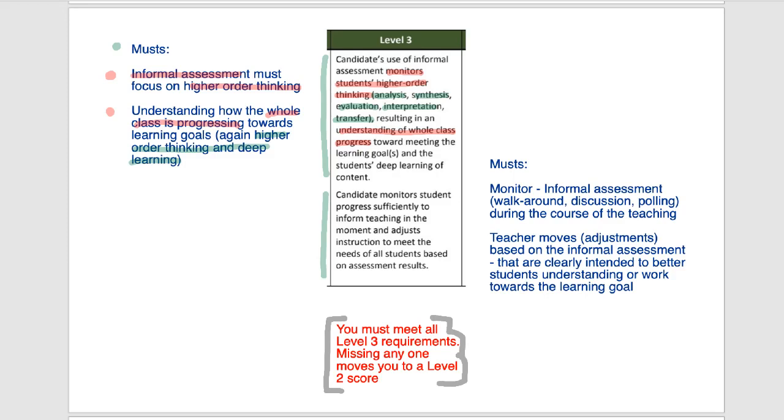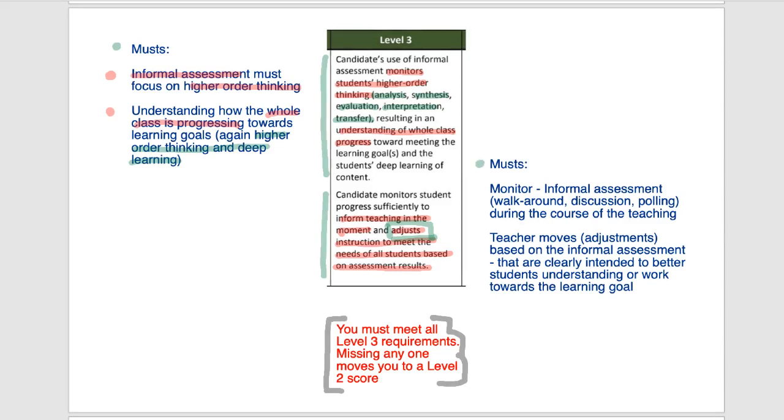Let's read the second block. Candidate monitors student progress sufficiently to inform teaching in the moment. And here's the important part: adjust instructions to meet the needs of all students based on assessment results. The most important word here is adjusts. Okay, so let's see what the musts are for this one.